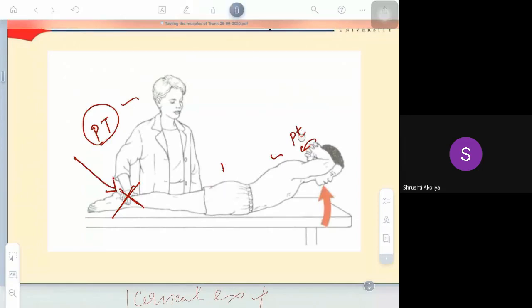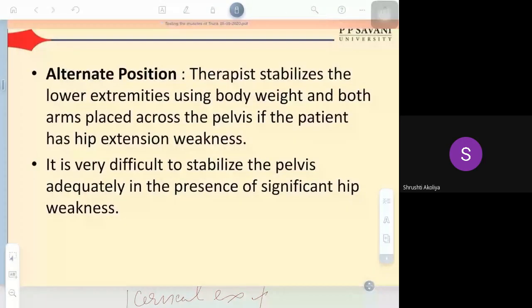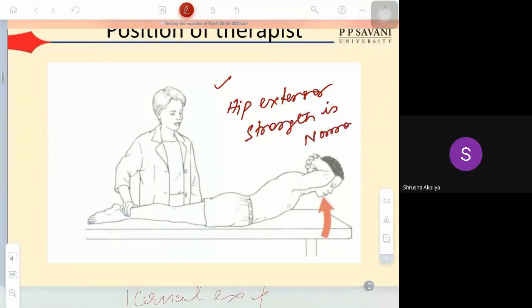Clear? So now, what is the alternate position? What I have told, this position is preferred when hip extensor strength is normal. I am talking about therapist position.